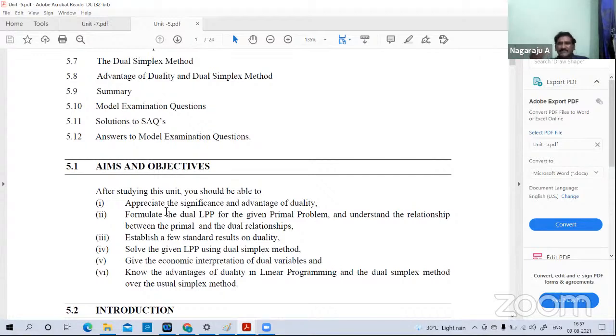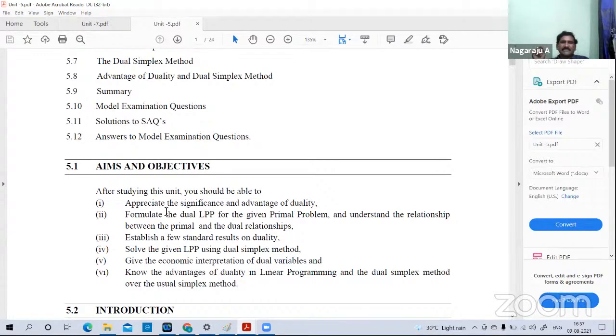The given linear programming problem is called the primal linear programming problem. If we convert that primal linear programming problem to the dual linear programming problem, what are the constraints and what relationships have to be maintained between the primal and the dual? We should identify that. That is the main objective and aim of the concept in this unit.